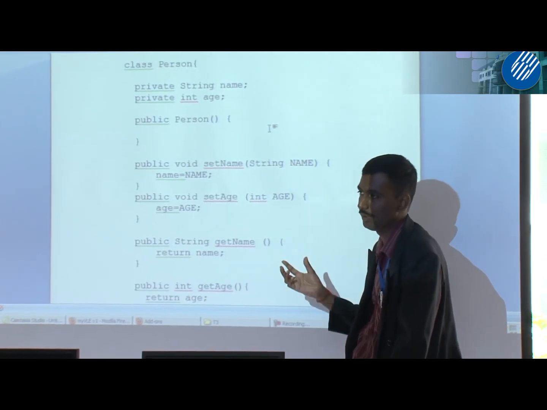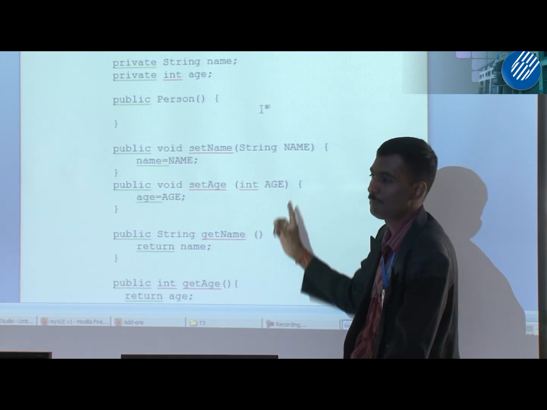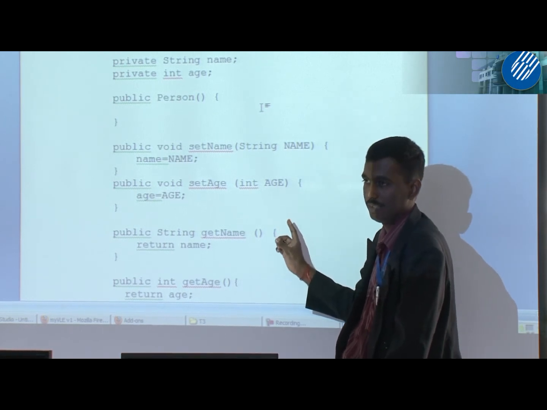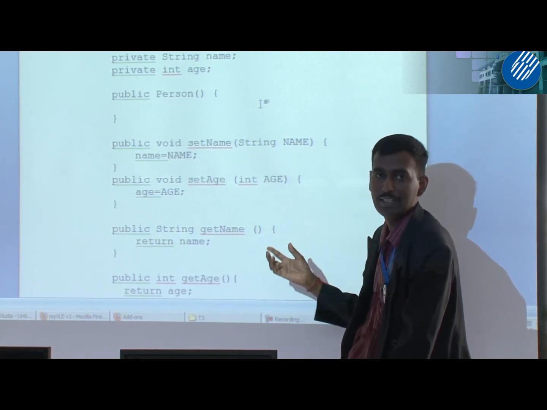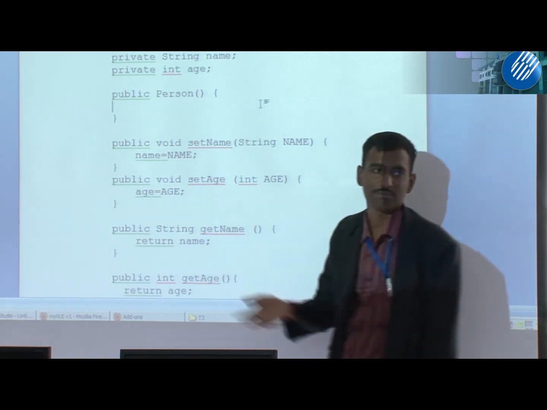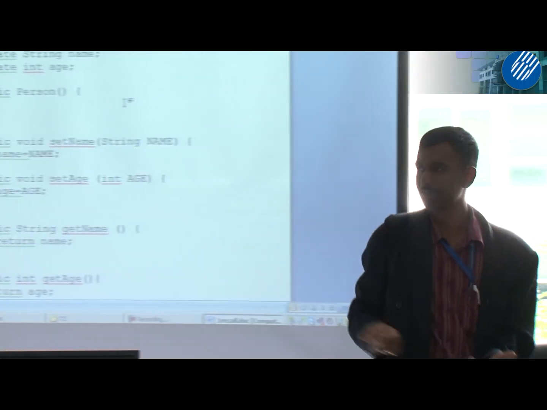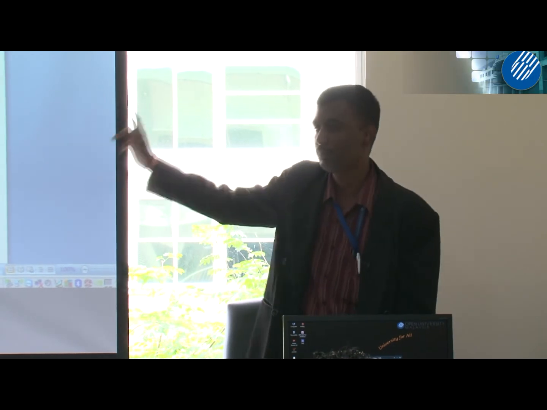Okay, can you have a class with no methods, only attributes? You can have, but again, if you only have attributes, you don't have operations, the class is like useless. You cannot do anything. So that's why if you want a complete class, you should have attributes and a few methods.